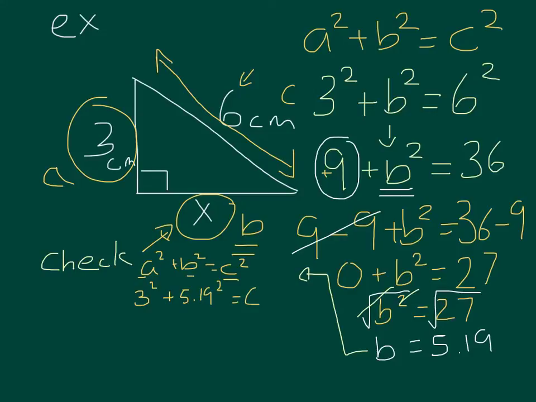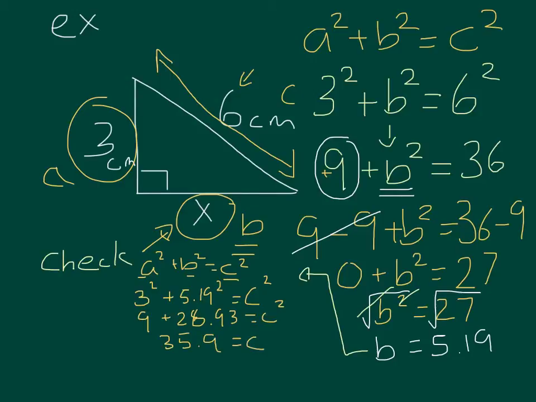And we're going to pretend we don't know the value of c squared, because we're going to see if it turns out to be the same as our hypotenuse up there. So 3 times 3 is 9, and if you square 5.19, you're going to get 26.93 equals c squared.